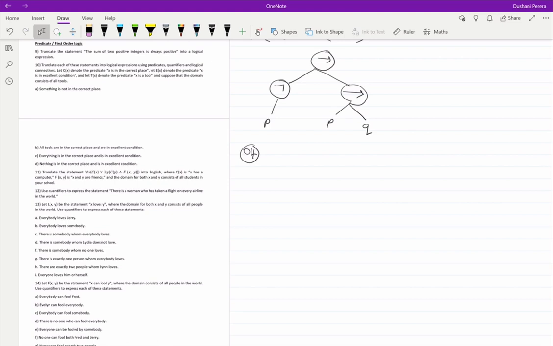Then, satisfiability. If a formula is called satisfiable, then that means there's at least one case which makes the formula true, which makes the formula 1. In that case, it is said to be a satisfiable formula. On the other hand, being falsifiable means there should be at least one case which makes this particular formula 0 or false. In that case, we say that this formula is falsifiable.